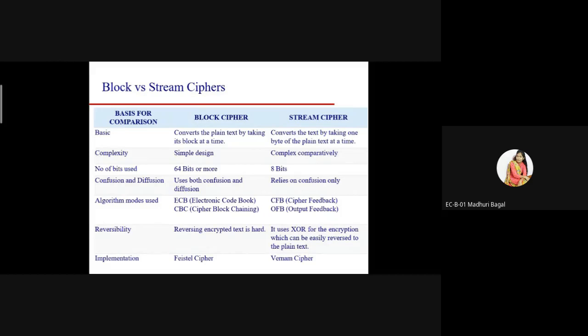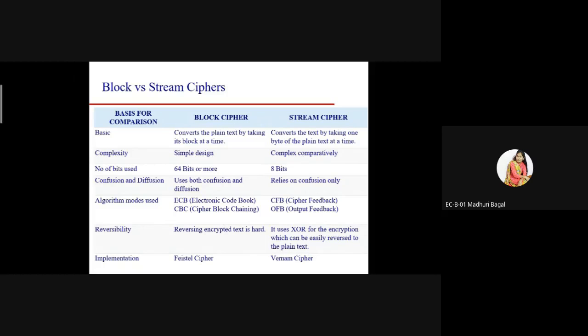So it is the first basic difference between block cipher and stream cipher. In a block cipher we split the information into individual blocks, and in a stream cipher we convert our plain text into cipher text by using the bitwise operation.